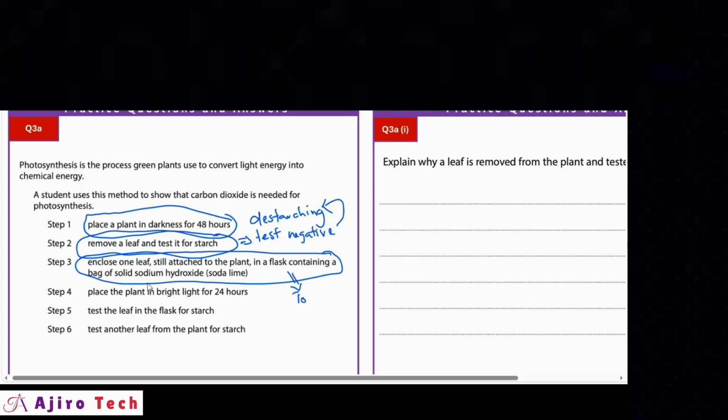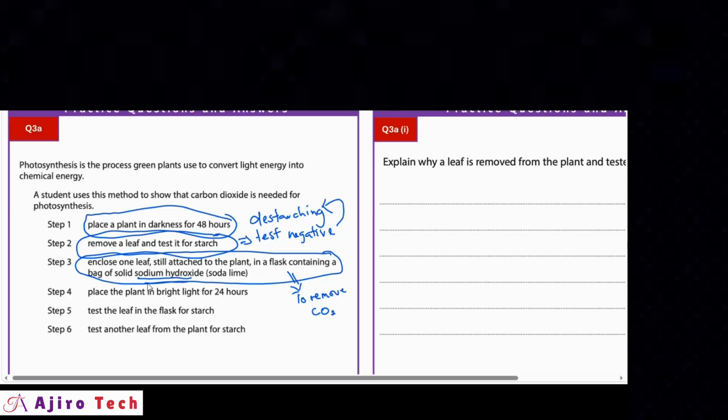To remove CO2. That is the reason why we use sodium hydroxide. Sodium hydroxide absorbs CO2, to remove carbon.